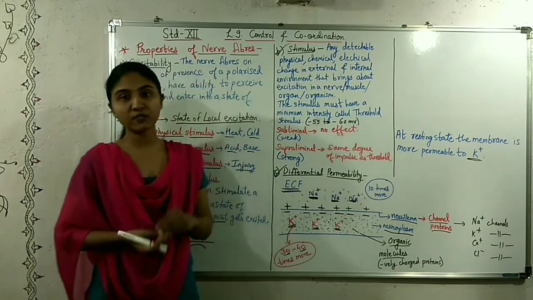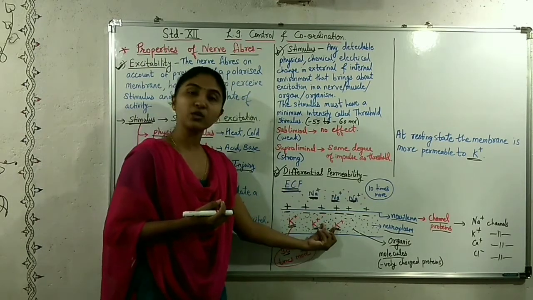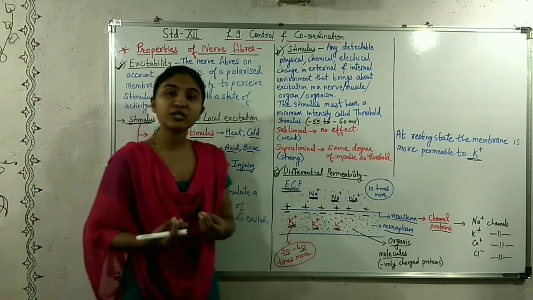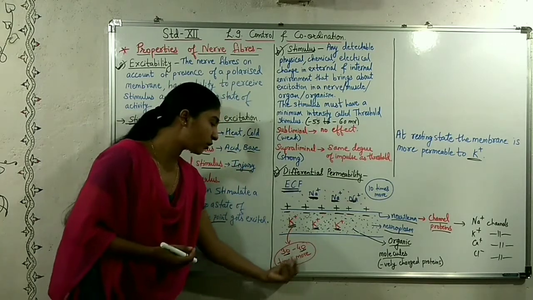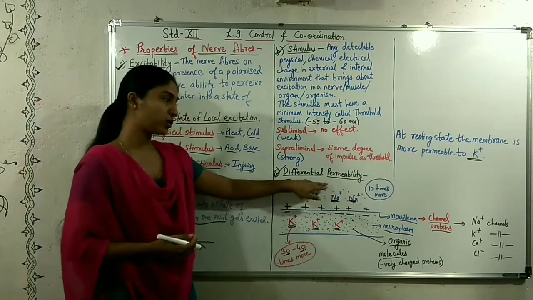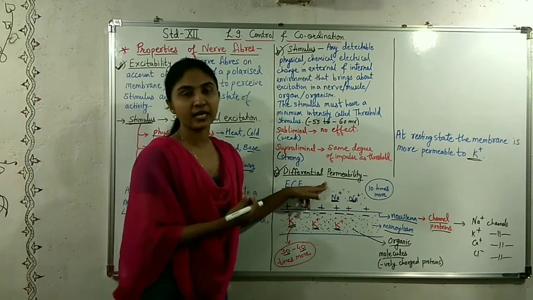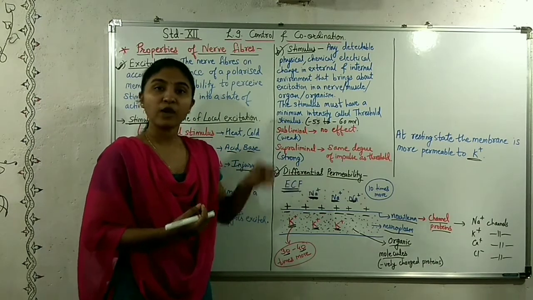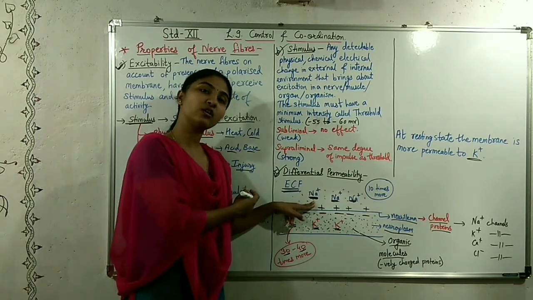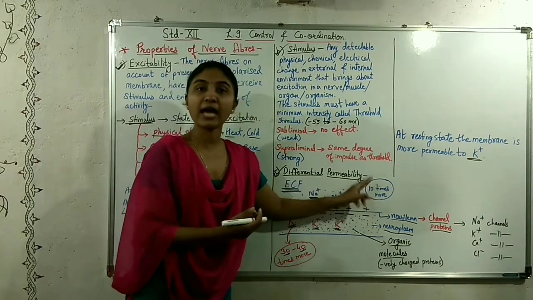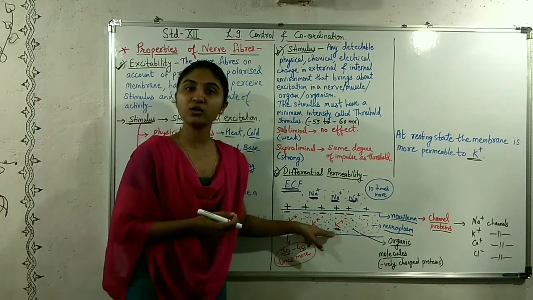But the only difference is that the concentration of potassium ions inside the neuroplasm is 30 to 40 times more than in the extracellular fluid, whereas the concentration of sodium ions in the extracellular fluid is 10 times more than in the neuroplasm.